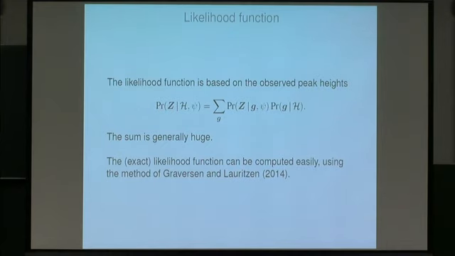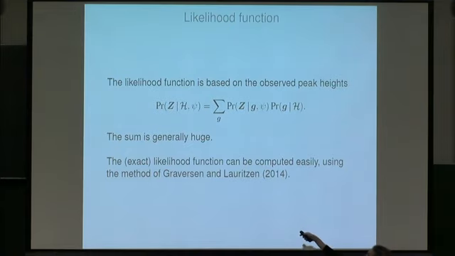So one of the main things to compute in this framework is the likelihood function. We use that for pretty much everything. And that is, in principle, simple. We take the joint model and we sum over all the possible genotypes of the contributors. So this is a sum over all the genotypes that the unknown contributors could have.